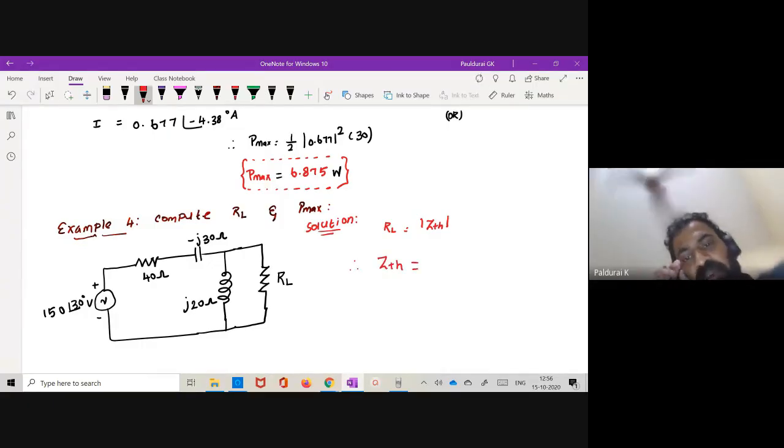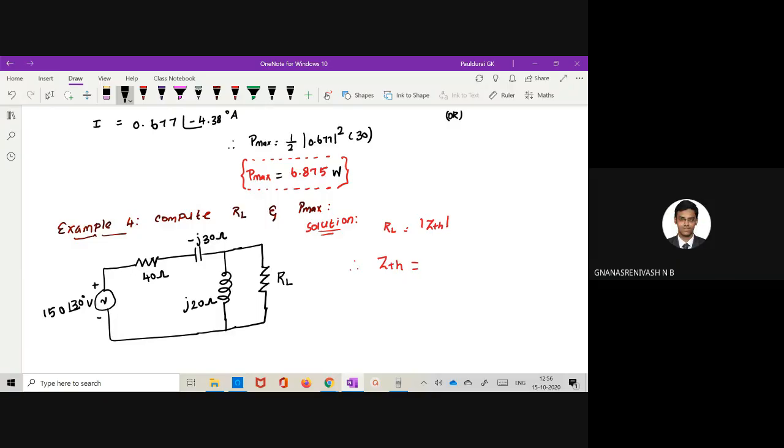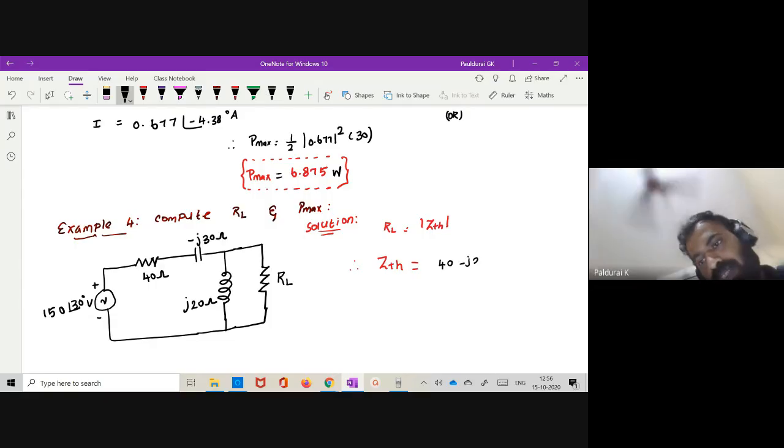It's very simple. What is the equation for ZTH? Anyone? Equation for ZTH. 40 minus J30 in parallel with J20. Yes, thank you.